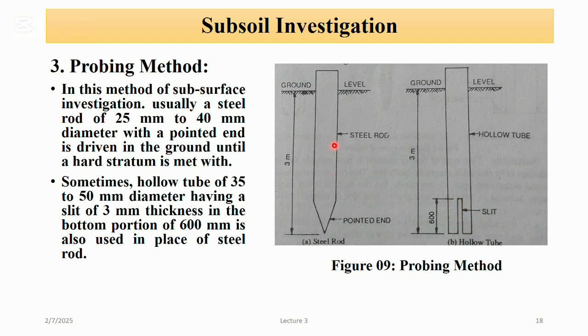We drive the steel rod or hollow tube into the ground, and at intervals we pull it out, and we get a rough idea about the nature of soil from inspecting or examining the soil in the pointed end of the steel rod or in the slit of the hollow tube.